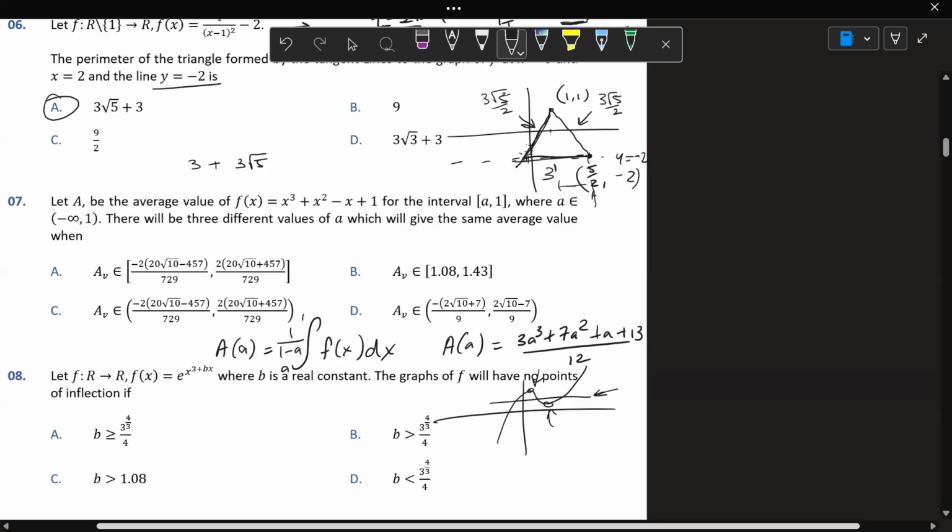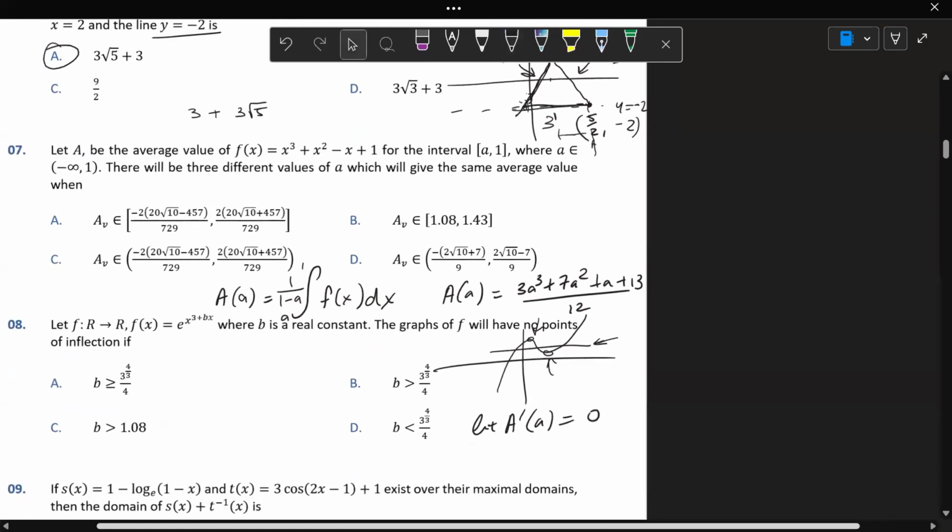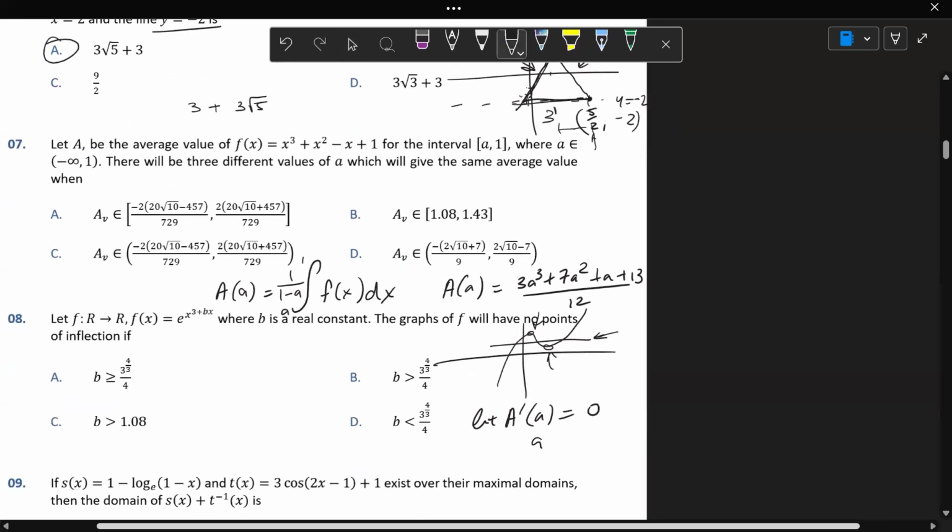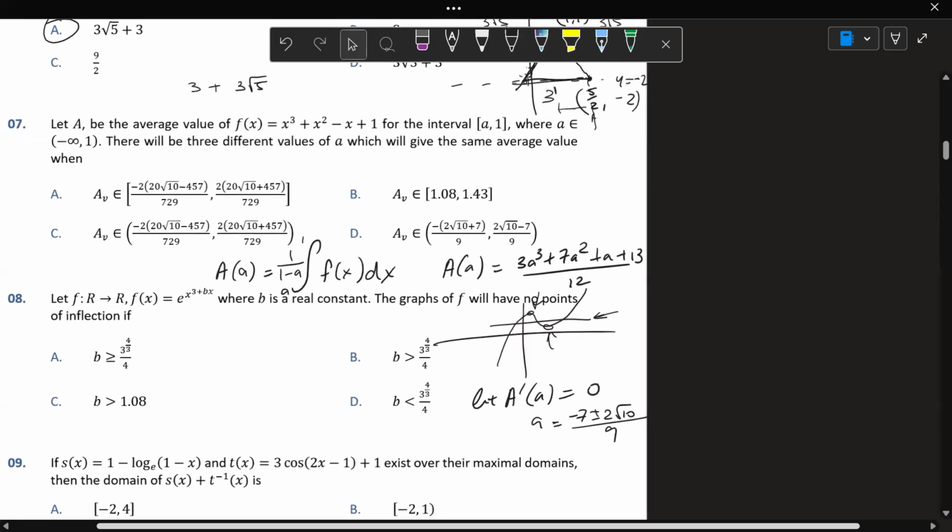So you let a dash a equals 0, and you end up with -7 plus or minus 2 root 10 over 9. And this is just the value of a, right?